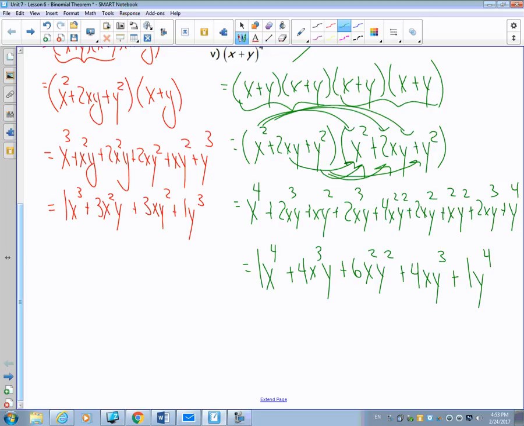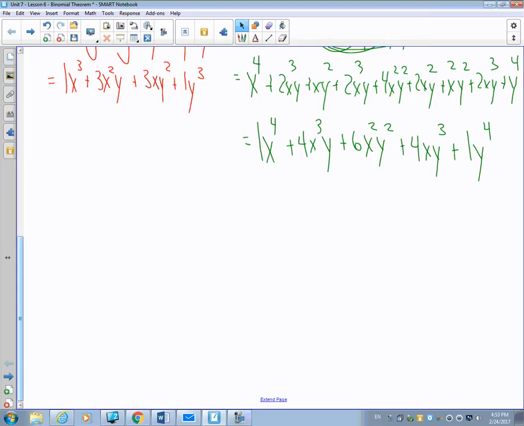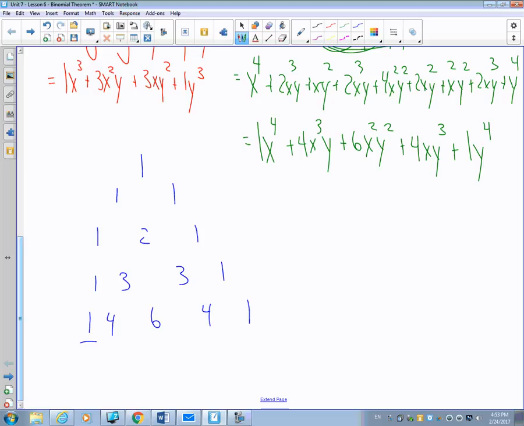I think I've seen those numbers before. I think I've seen these numbers when I looked at Pascal's triangle. If I look at Pascal's triangle and I look at the coefficients, the numbers out front of each of my expansions, well, don't these numbers look like those numbers?